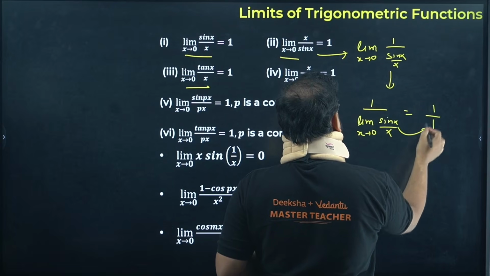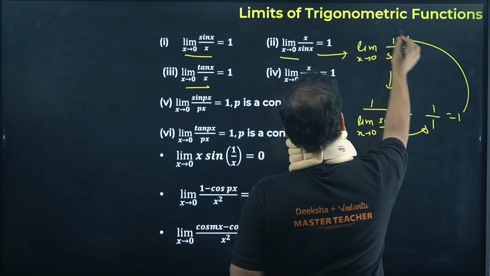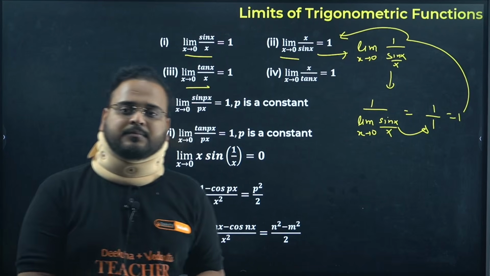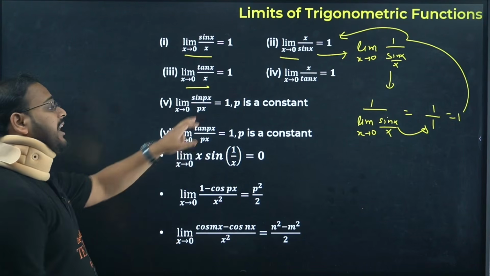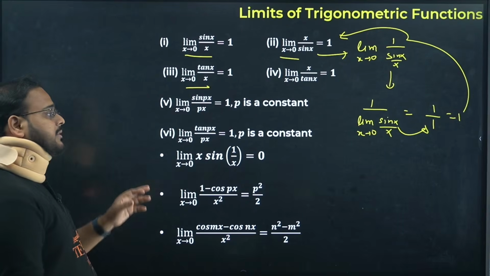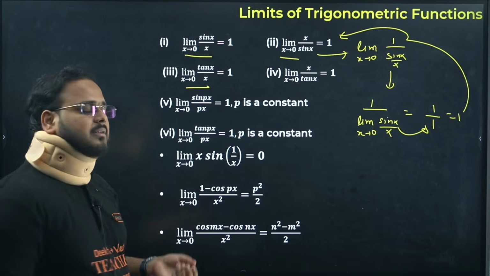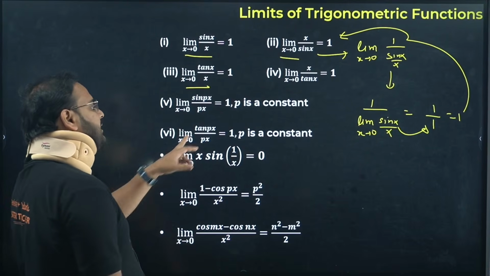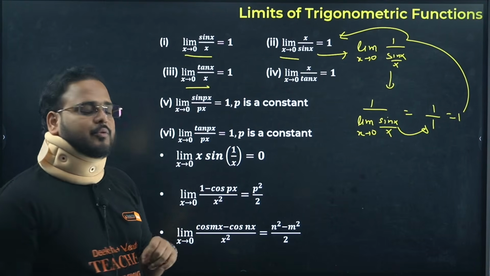This value is 1, so 1 by 1 is 1. Please check. Clear or not? Yes. If you have sin px by px, the answer is again 1, p should be a constant. Here if you have tan px by px, again it is going to be 1 only.